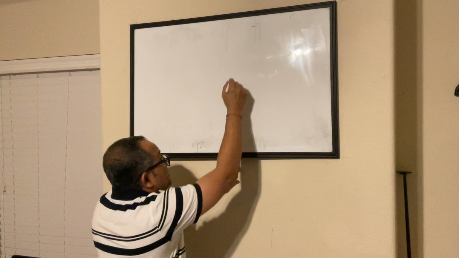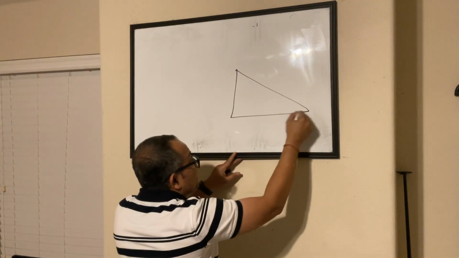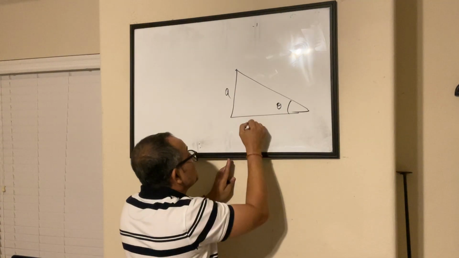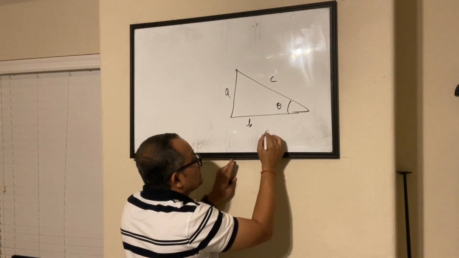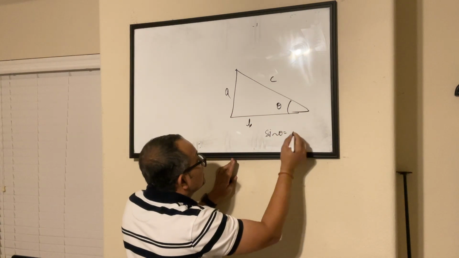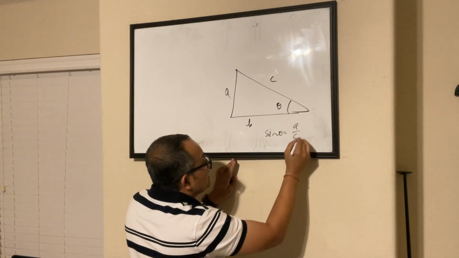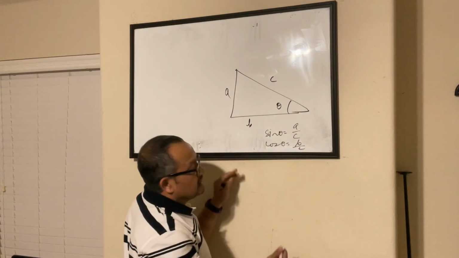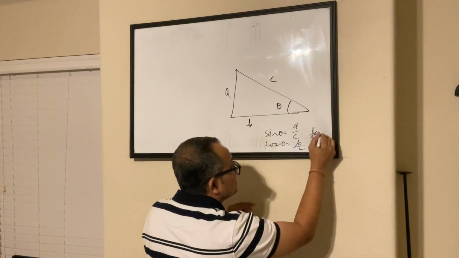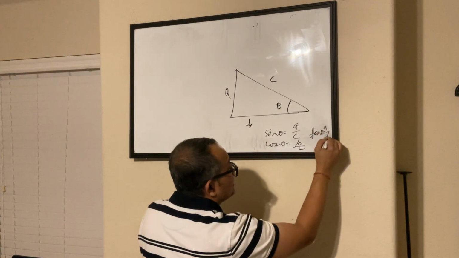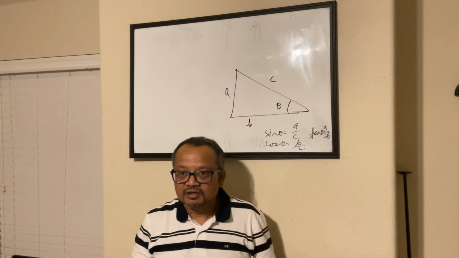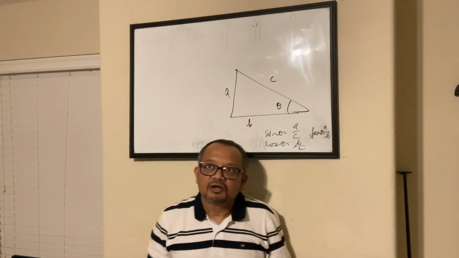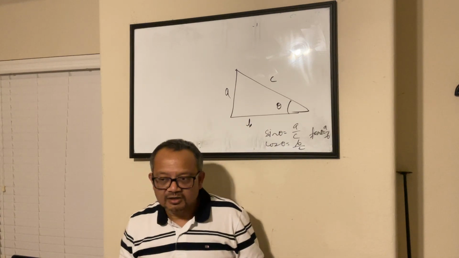In trigonometry, let's say this is my right angle, this is my theta. So we know that this is A and this is B and this is C. We know that sine theta equals A by C, cos theta equals B by C, and tan theta equals A by B. There's a rule called the rule of composite angle.